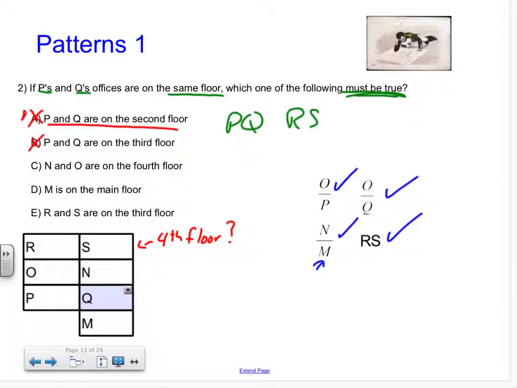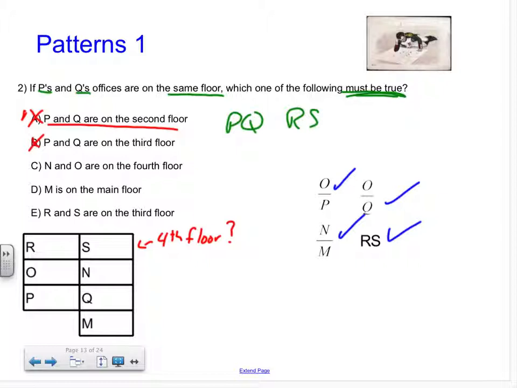And now we just see if any of the conditions are broken. So let's take a look. So O is above P, O is above Q, N is above M, and R and S are together. So N and O do not have to be on the fourth floor.